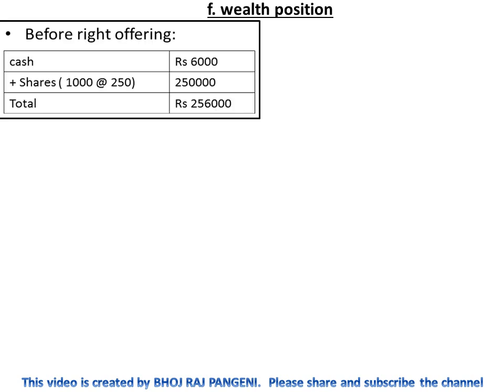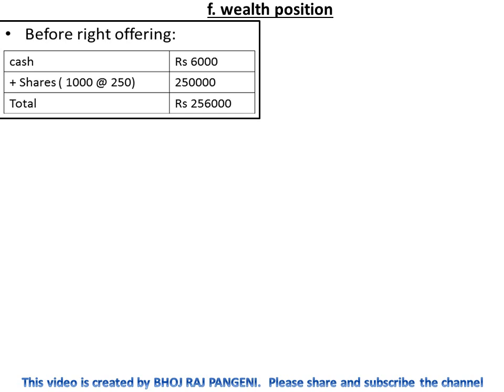Now it's time to compute the wealth position of Muna Ghimire. Before the rights offering, she has cash of rupees 6,000 and 1,000 shares, and the market price before the rights offering is 250 per share. Rupees 6,000 plus 1,000 times 250 equals 256,000 is her wealth position before the rights offering.